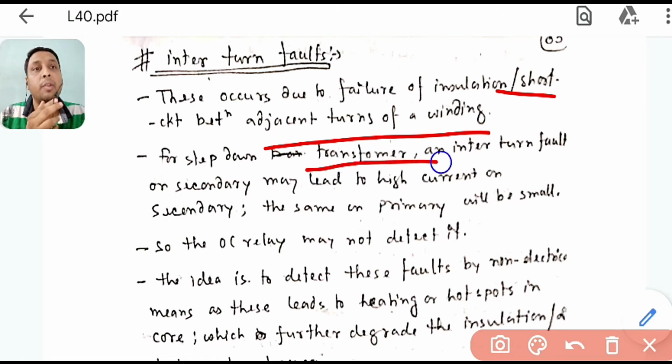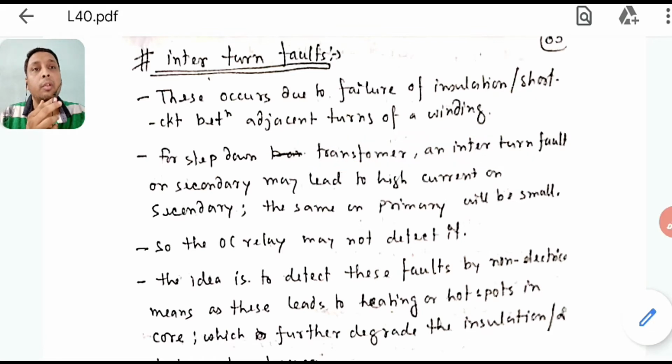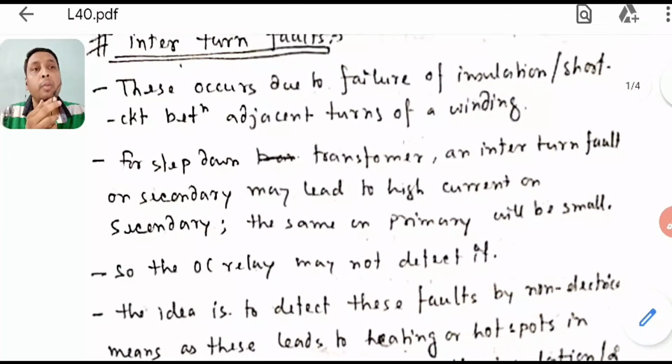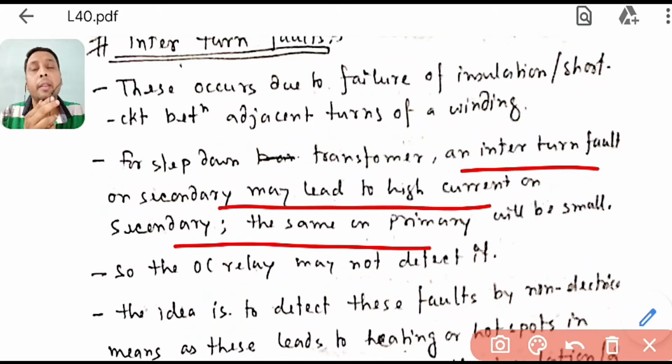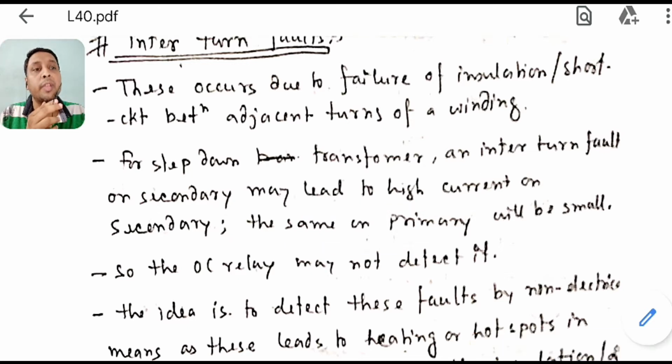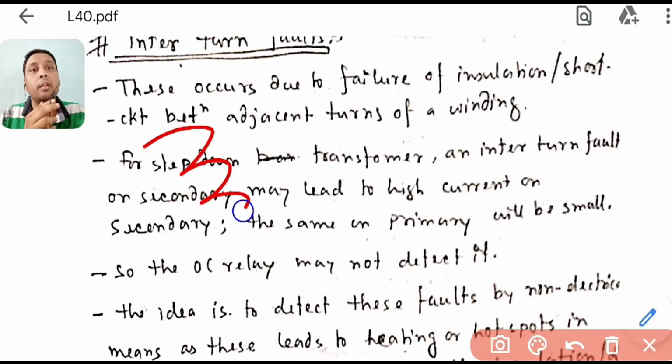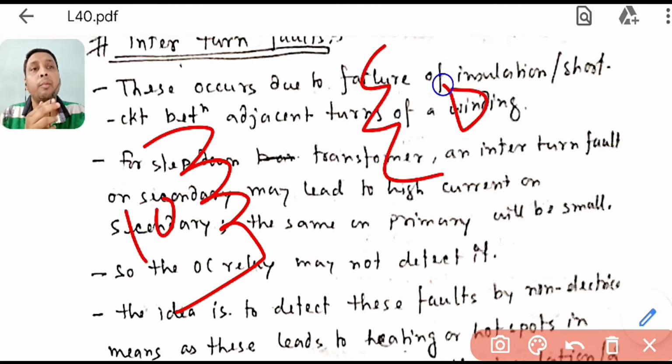Now if it is a step down transformer, what happens? In step down, your secondary turns will be fewer. So an inter-turn fault will lead to a high current in the secondary, but in the primary it will be small. Suppose there are 10 windings in the primary, and in the secondary you have 5 windings.